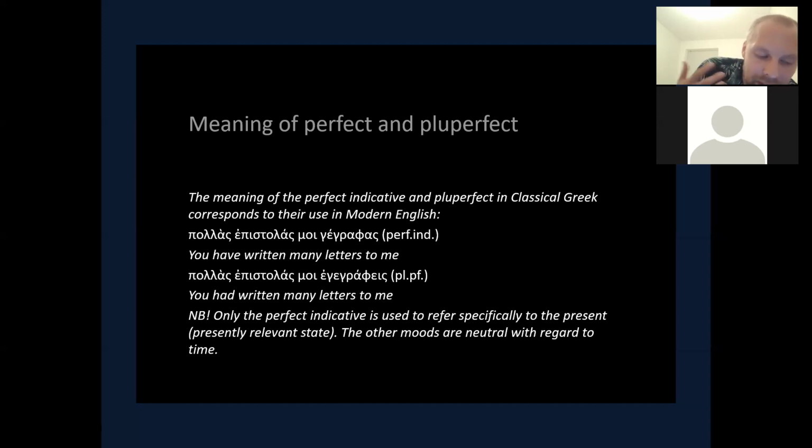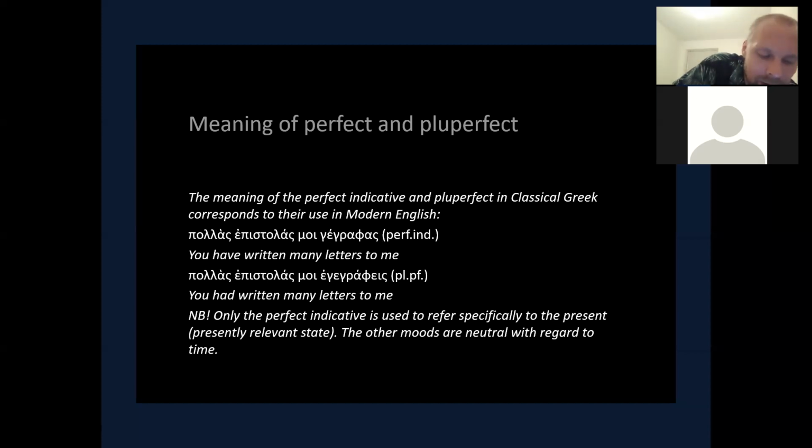However, just as it is only the aorist indicative, which refers specifically to the past, it's also merely the perfect indicative that refers specifically to the present. The other moods are neutral when it comes to the time of the actions referred to.